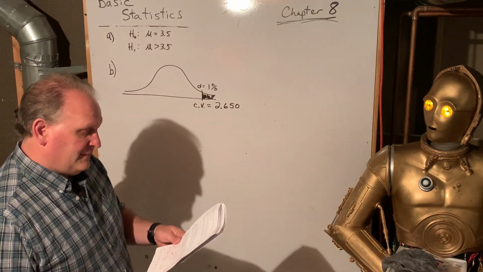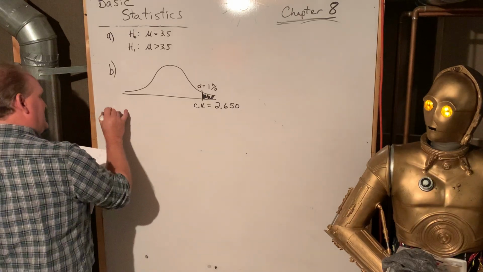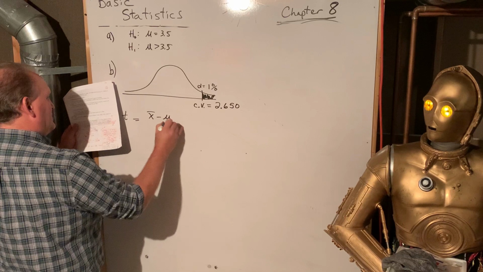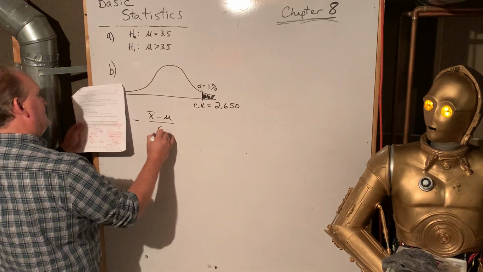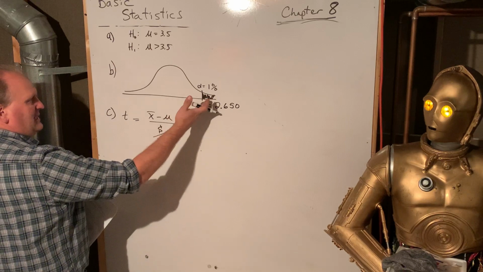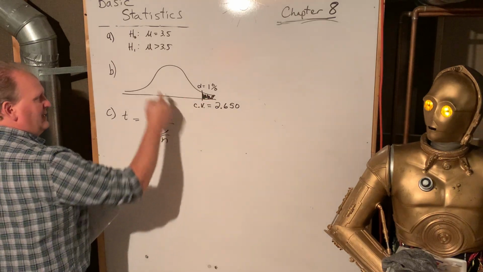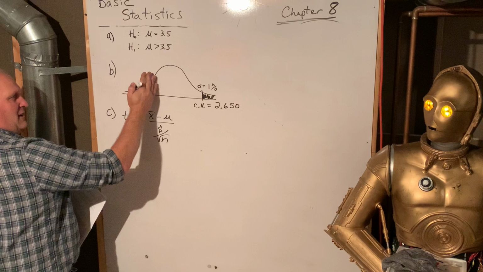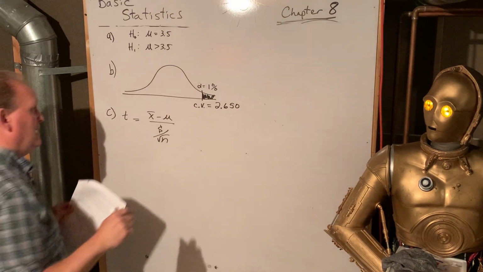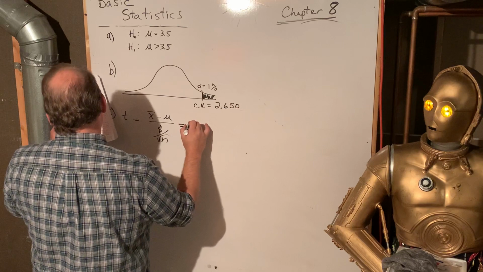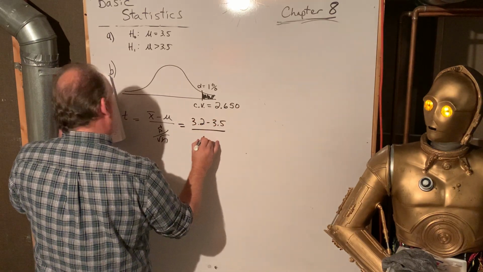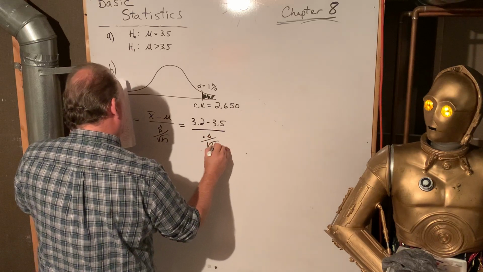And then let's go ahead and find our t-statistic. Well, if you look at it, it's definitely not going to be here. It's going to be negative, so it's going to be below the 0 part. It's going to be in this half. We're going to end up in the unshaded area, because look at what happens. We got 3.2 minus 3.5 over 0.6 divided by the square root of 14.